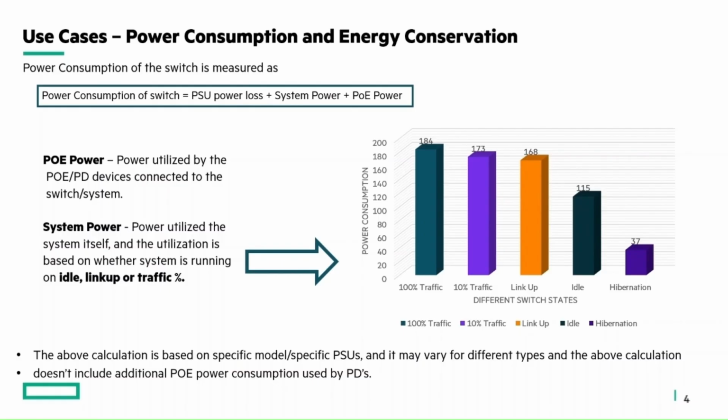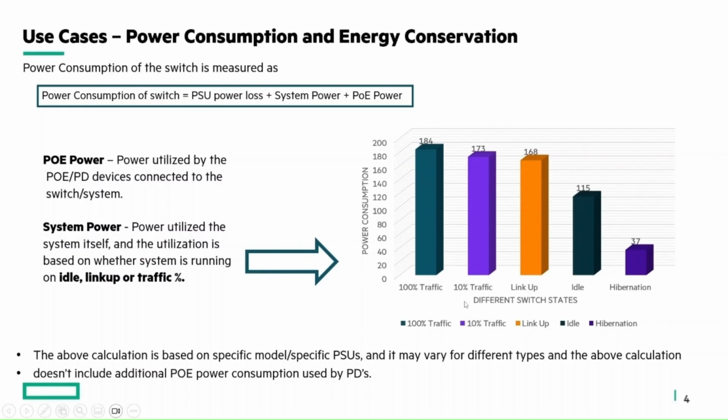On the right-hand side you can see a graphical representation, which makes it simple to understand the power consumption of the switch in different switch states. When the switch is carrying 100% of the traffic, the nominal power consumption will be 184 watts.